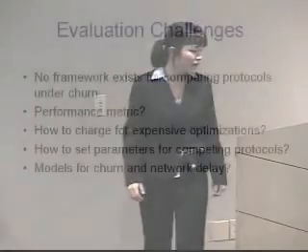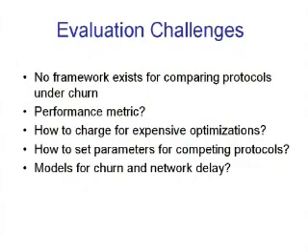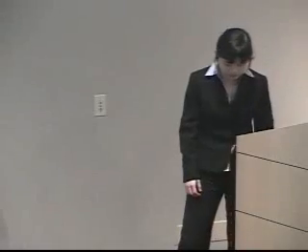Now I need to evaluate this protocol against our original goal of matching the best performance of existing protocols over a wide spectrum. We also would like to see how well it adapts to the size of the network and the churn. To do this, we face a number of challenges. For one thing, there is no existing framework available to evaluate performance of protocols under churn.